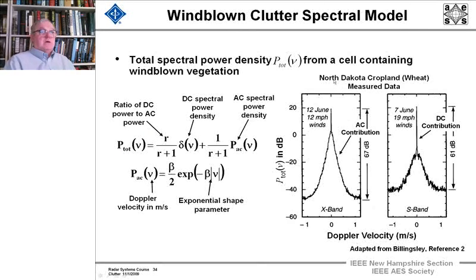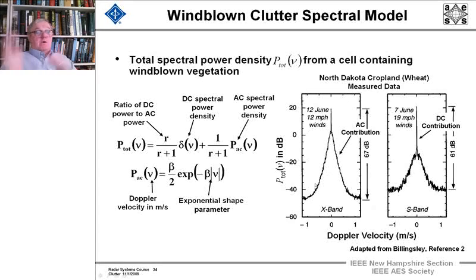And this was some data. There's many pieces of data, a whole chapter of data in his book on the data that was collected, but this is just a sample of North Dakota cropland wheat data. On June 12th, we noticed this characteristic of the data, that there's an AC contribution.